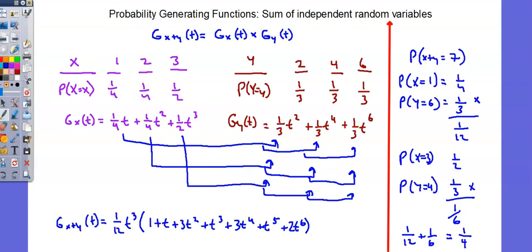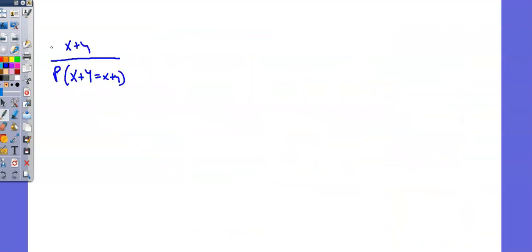If we go back and look at our possible combinations, taking the x of 1, we could have 1 plus a y of 2, 1 plus a y of 4, 1 plus a y of 6, and similar combinations for x equals 2 and x equals 3. And those result in the possibilities of 3 through 9: 3, 4, 5, 6, 7, 8, 9.